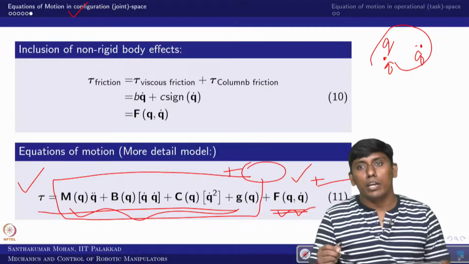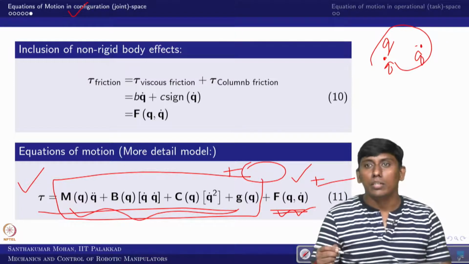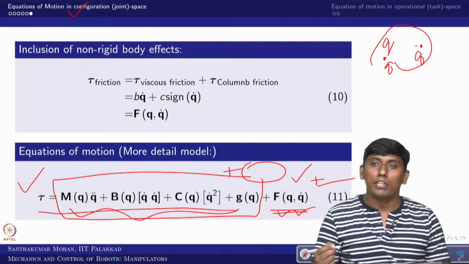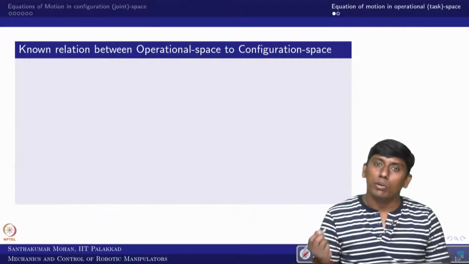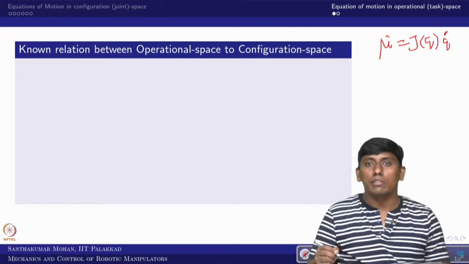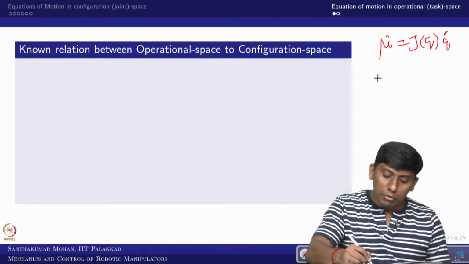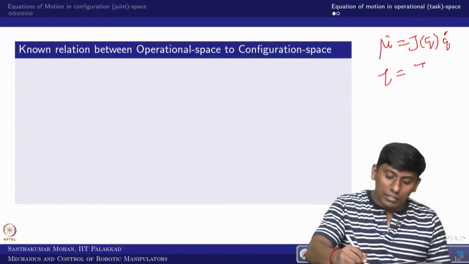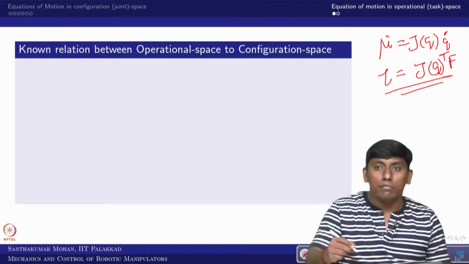So now we are talking about the equation of motion in operational space. For that, what relations do we know? We know mu dot as J of q into q dot. Further, the tau I can write as J of q transpose into F. This we have derived, right?